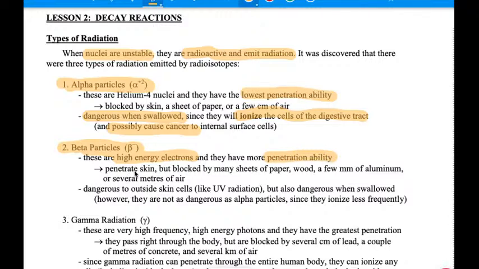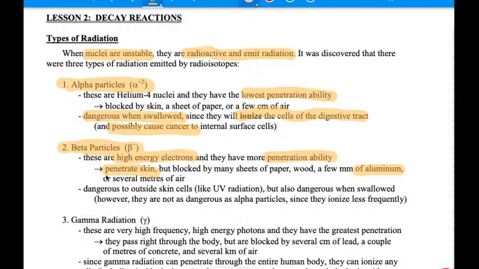So they can actually go through the skin, so this can become a danger. But if you pile up sheets of paper or wood or even a few millimeters of aluminum, or just stay a good distance away, several meters of air will also block these particles.